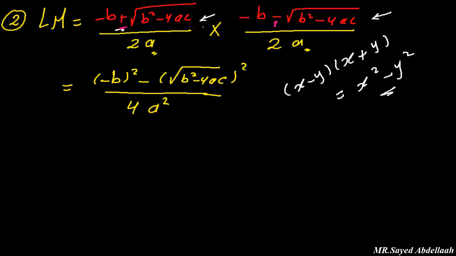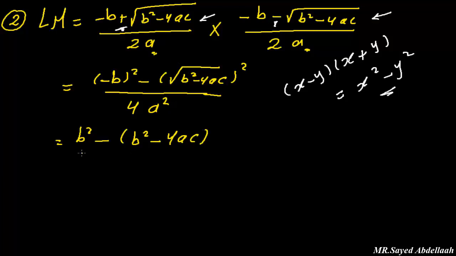Their product is negative b squared minus the square of the square root of b² minus 4ac. Okay, then the result, negative times negative equals positive, b² minus the square of the square root of b² minus 4ac, equals b² minus (b² minus 4ac) without the square root, divided by 4a².